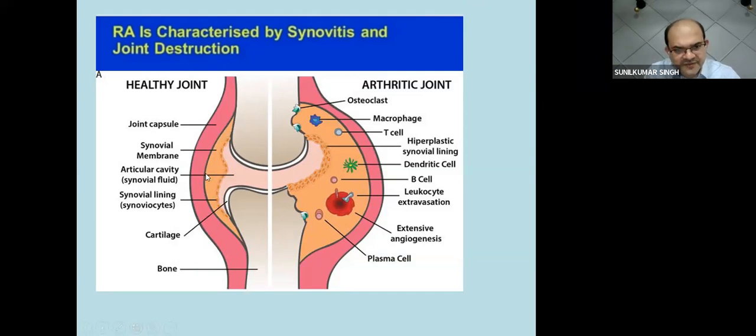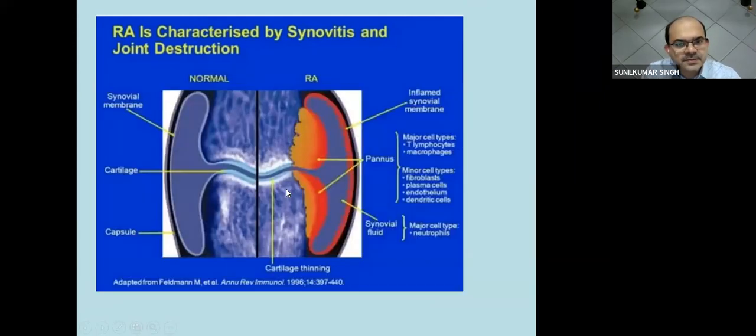I'm sure in the previous talk, the joint anatomy has been discussed, but just to show you here, the synovial membrane in an arthritic joint is inflamed, swollen, and then you can see that the bone is being eroded, the cartilage has got thinned out. So this is what happens, and that's what gives rise to the erosion.